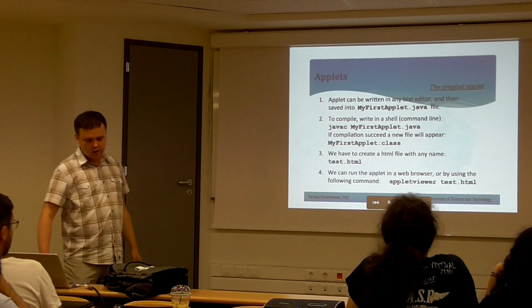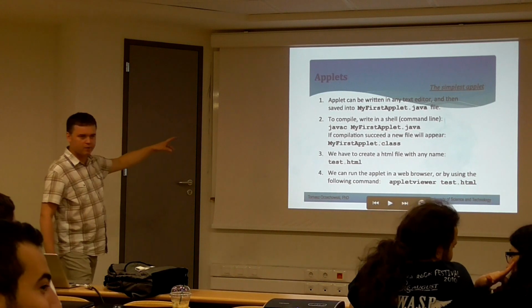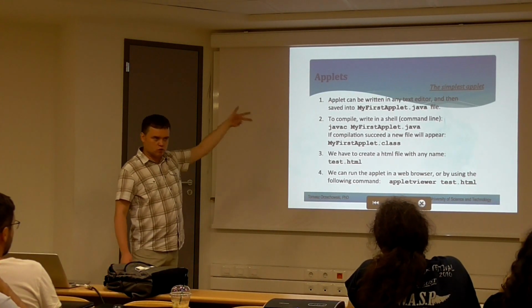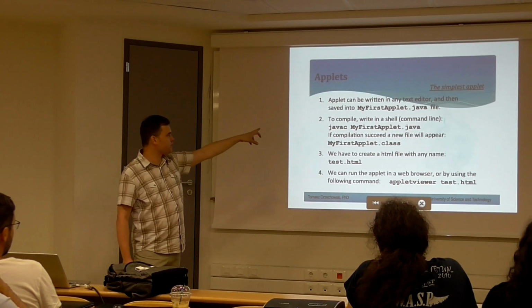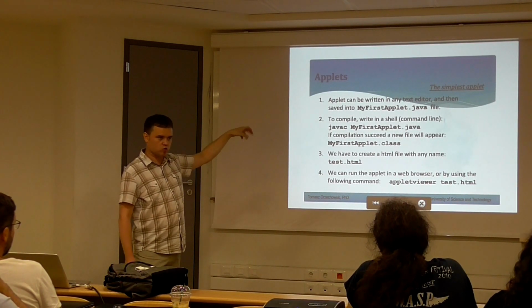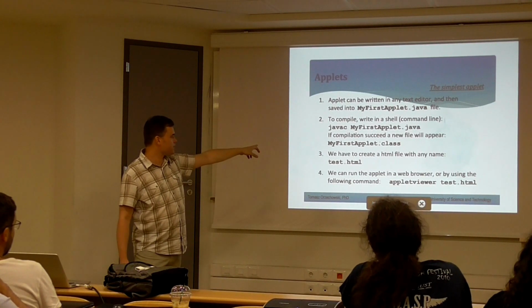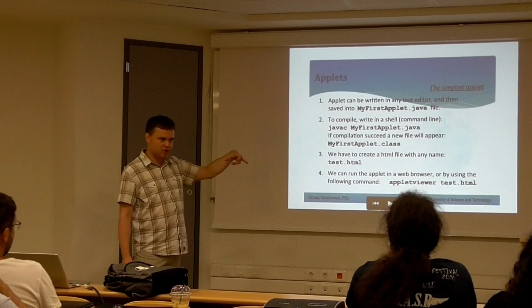Okay. So how to run this applet? The same. You should put everything into the MyFirstApplet Java file. The code was shown. Then you can compile it. The MyFirstApplet.class file is created.